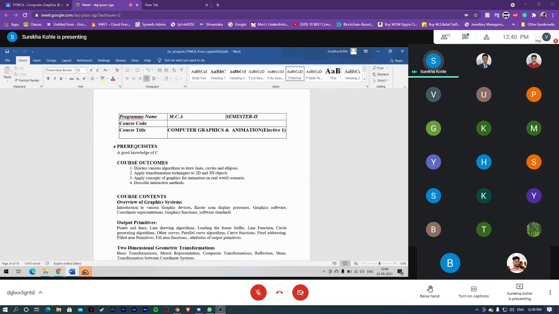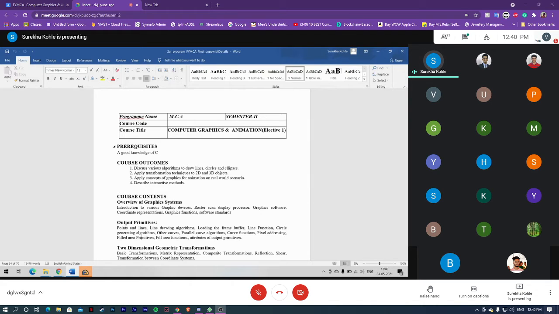Here you can see the filled area primitives. So how to fill an area we have to fill. There are different types of techniques where we can fill a particular object with any color.